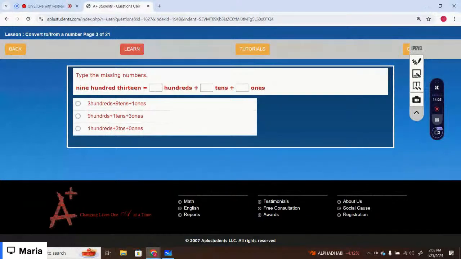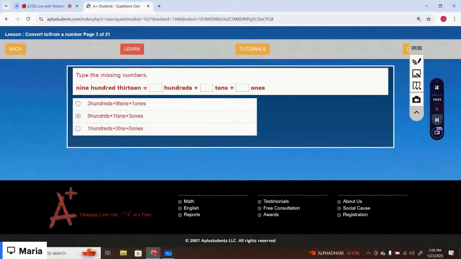Type the missing number 913. So which is the correct option? Option number 2 is the correct option. 900s, 1 ten, and 3 ones.